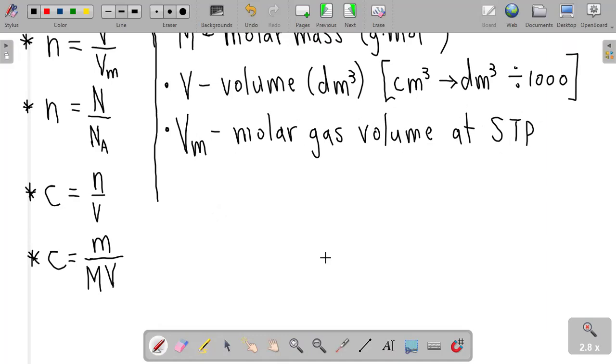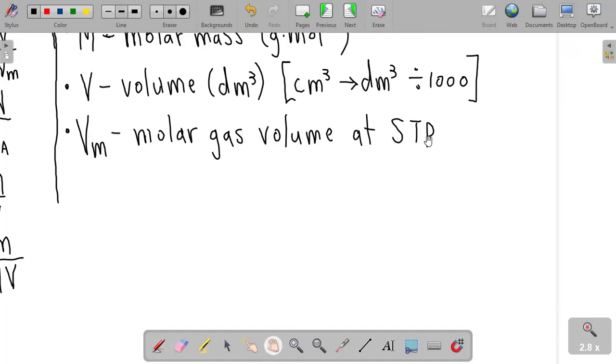STP, what does that stand for? It's standard temperature and pressure. And the molar gas volume at standard temperature and pressure is a constant, okay? It's 22.4 cubic decimeters per mole.